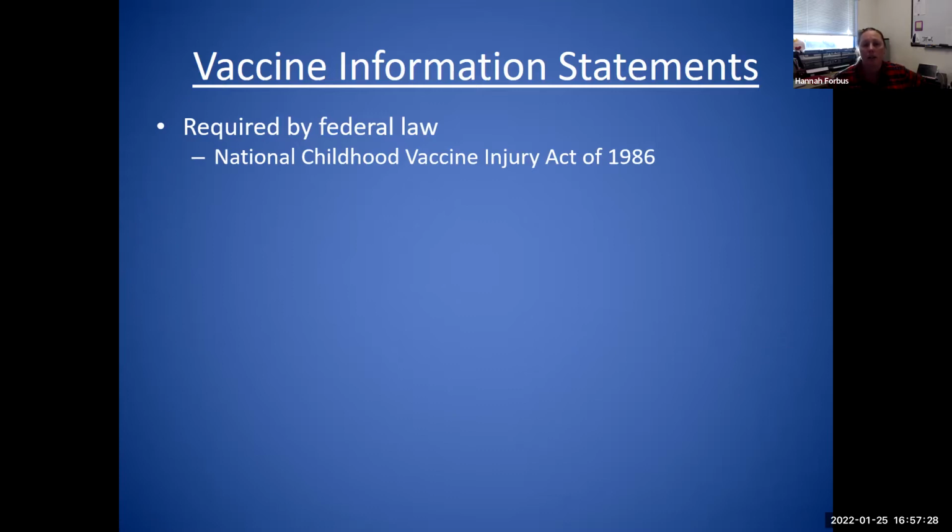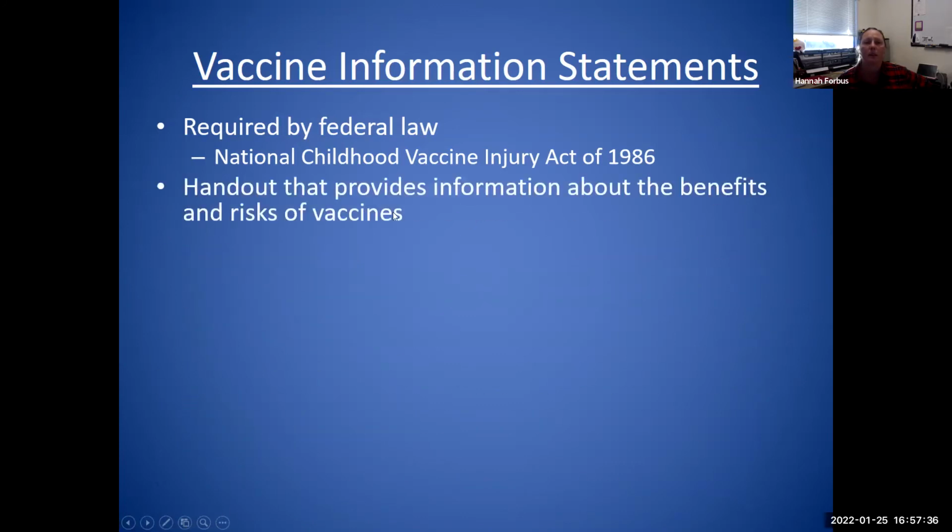The National Childhood Vaccine Injury Act of 1986 says that we have to provide this to the patient. It provides information about the benefits and the risks of the vaccines. We should be giving this to the patient before we administer the vaccine, right? It doesn't really make sense to administer the vaccine and say, here you go, now you can read about the risks and benefits of it, but you already have it. So how can people make an informed decision, right?